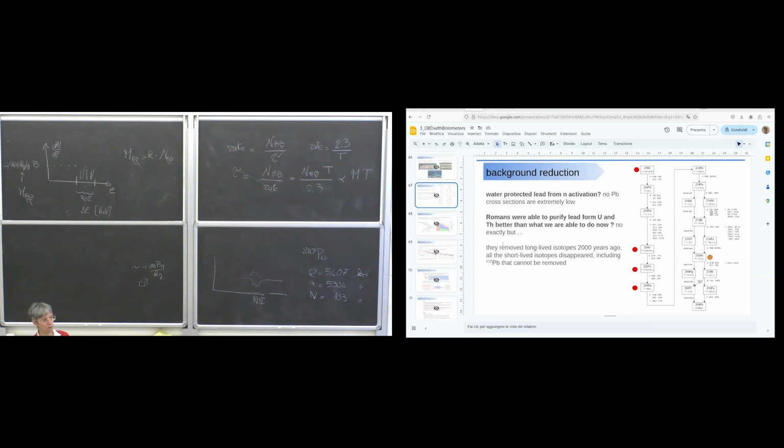In any case, in Cuore, we decided to use Roman lead in the vessel that surrounds the crystals, but not on the top.